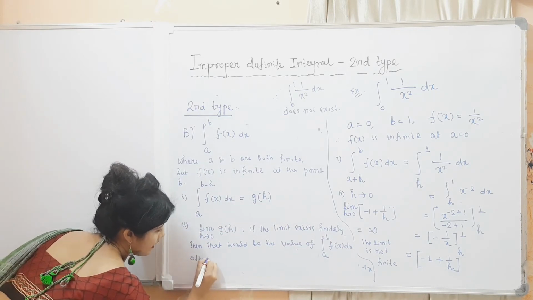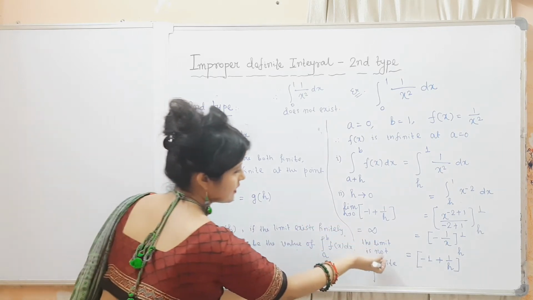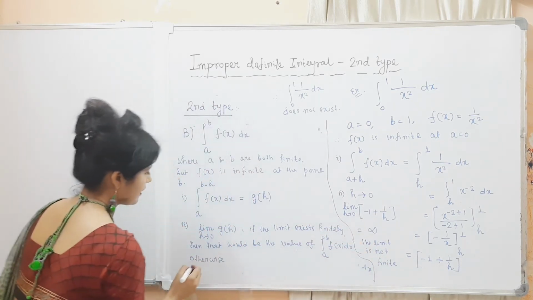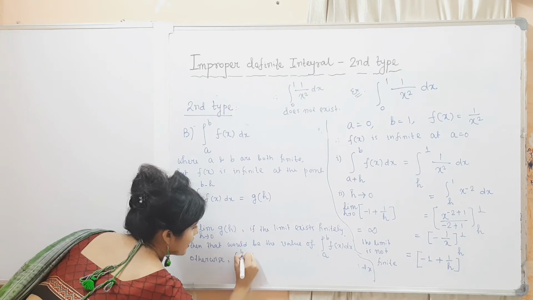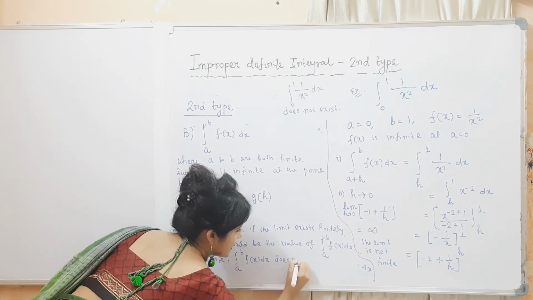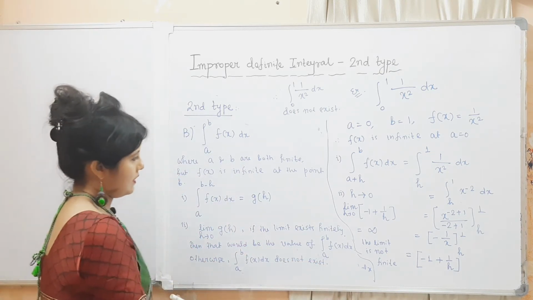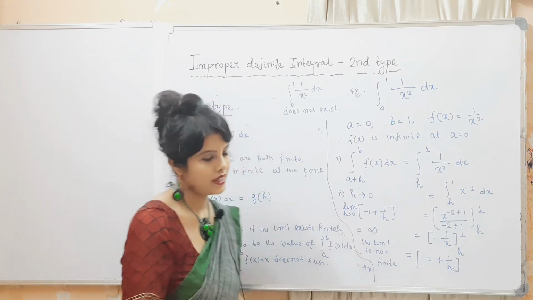Otherwise, that is, if the limit is infinite, just like this case, then the integration a to b of f of x dx does not exist. So that is the general statement of section B.